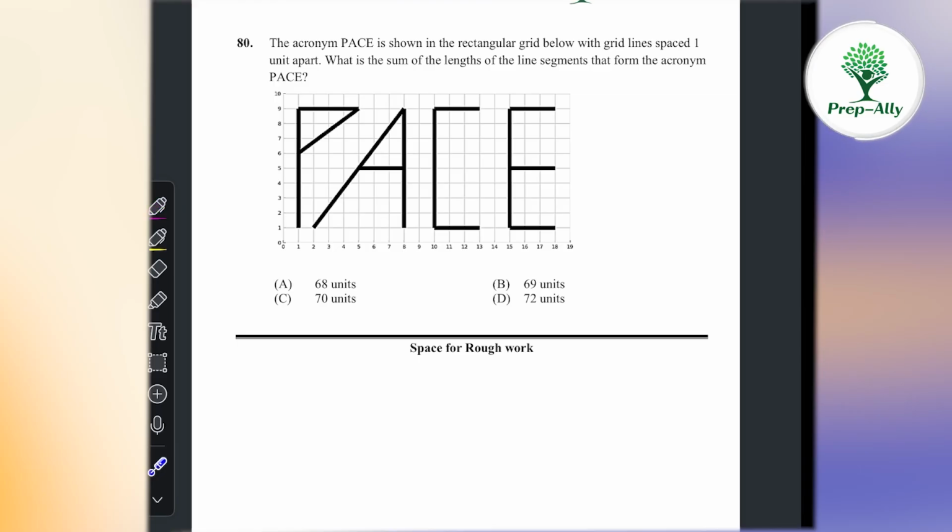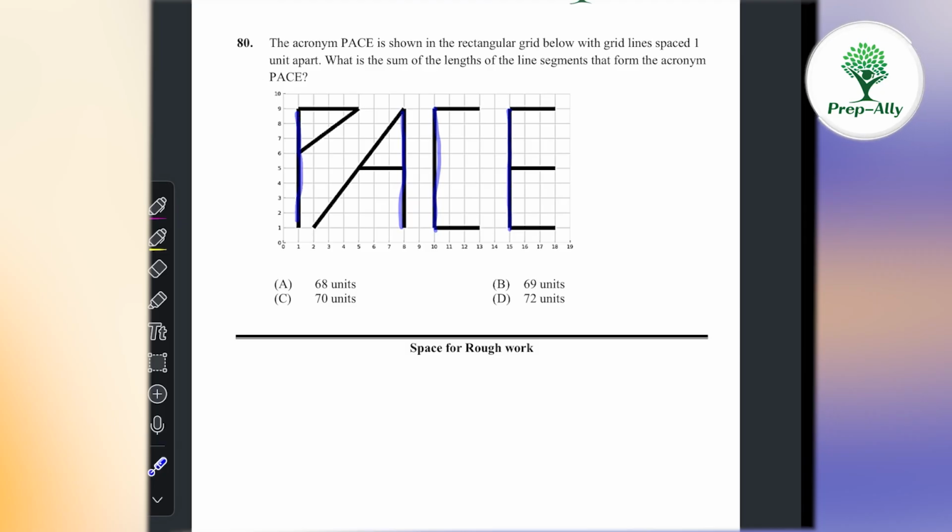Alright, let's look at question number 20. So we're given a rectangular grid in which all these lines are 1 unit apart, right? So what is the sum of lengths of the line segments that form this acronym, right? So in P we have this one line, this vertical line, this vertical line, and this vertical line.